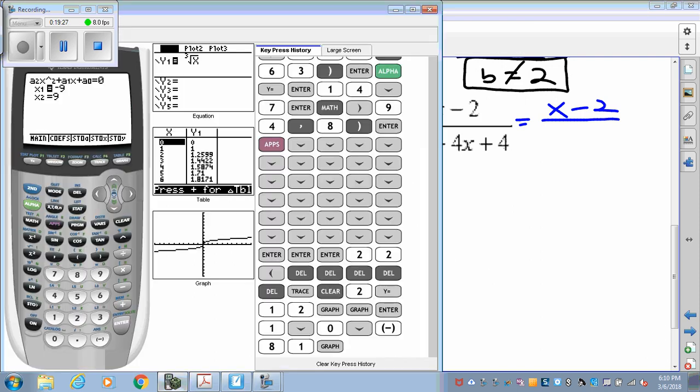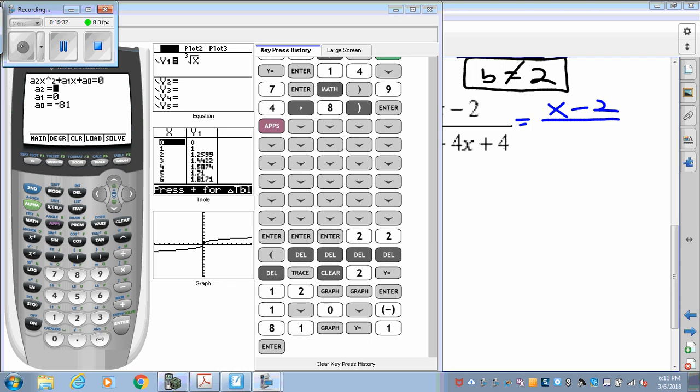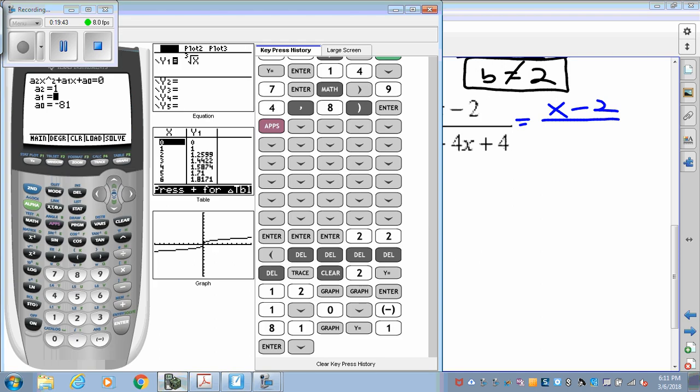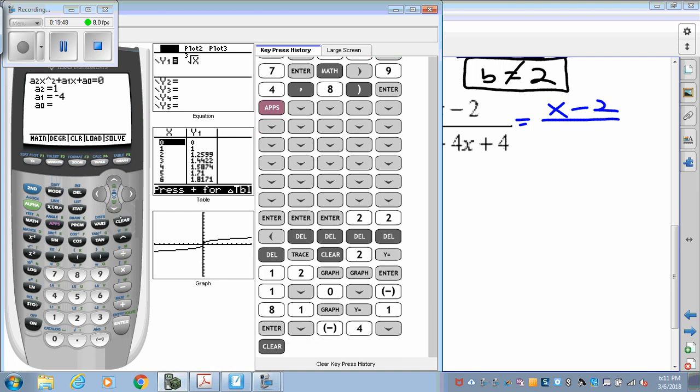So now A2 is still 1, but A1 is -4, and then that one is +4. Okay, so there's my first term, my middle term, and my last term. 1, -4, 4, and then I'll hit solve.